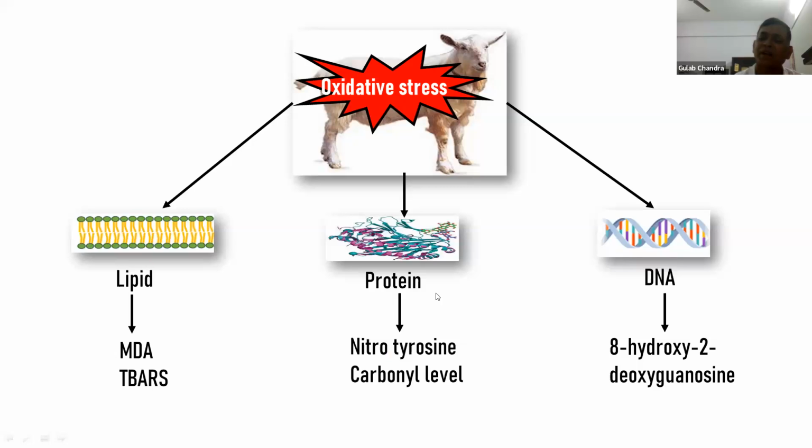Carbonyl is the biomarker of the proteins, and 8-hydroxy-2-deoxyguanosine is also the biomarker of DNA damage. If their levels are increased in the body, it means the animal is in a condition of oxidative stress.